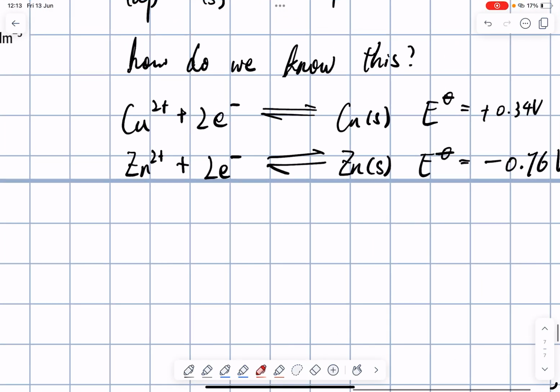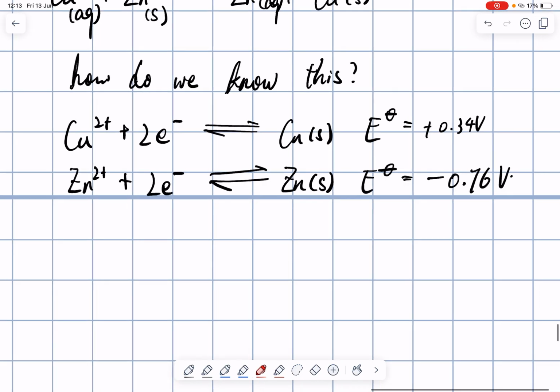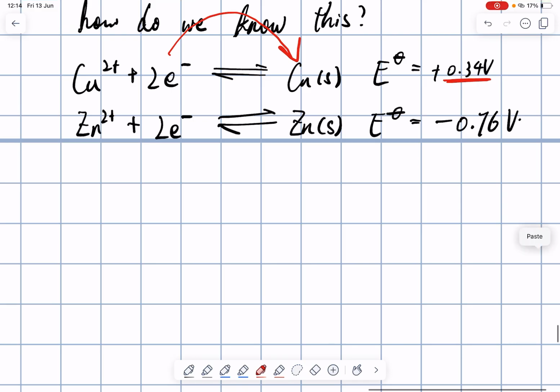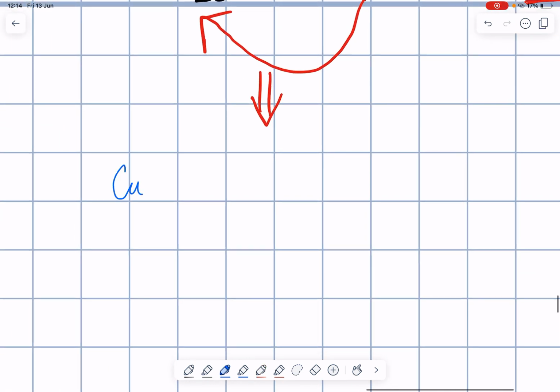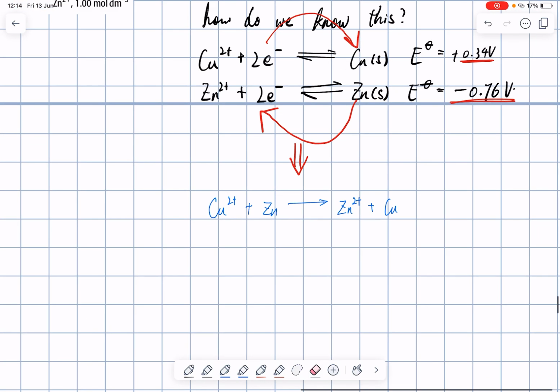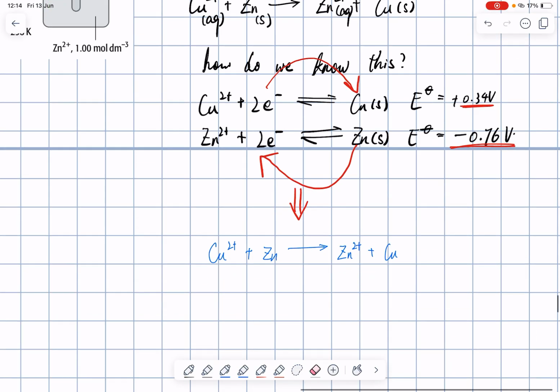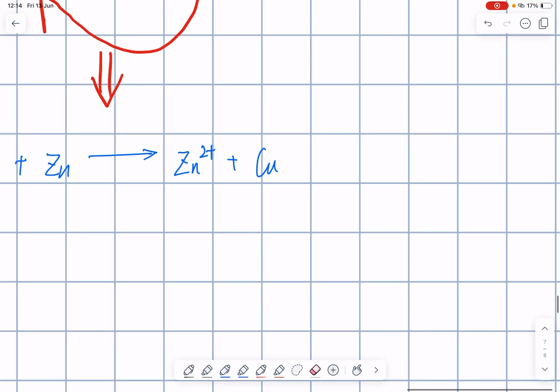So as previous knowledge, we can know that E standard for copper is positive, so the forward reaction is more favored. And as it's negative for zinc, the reverse reaction is more favored. So we can obtain an expression like this, as the electrons just got cancelled. And what's the E standard of this cell?